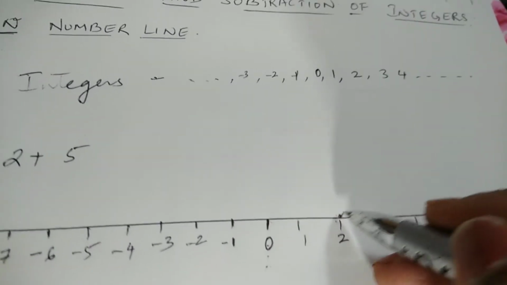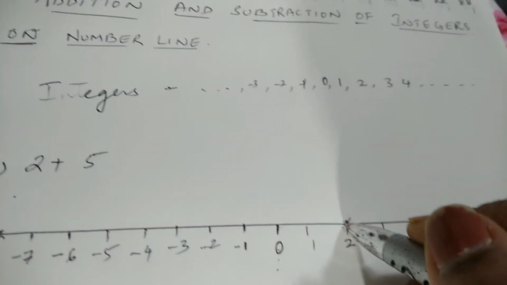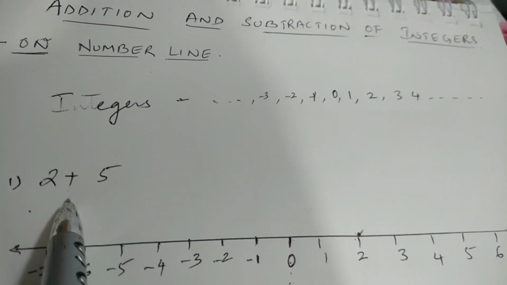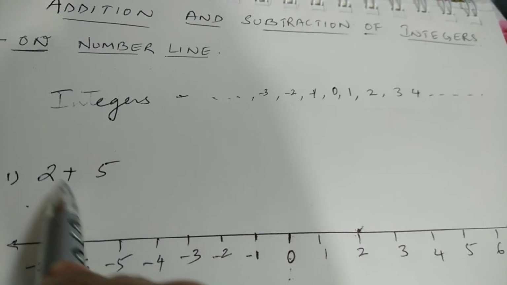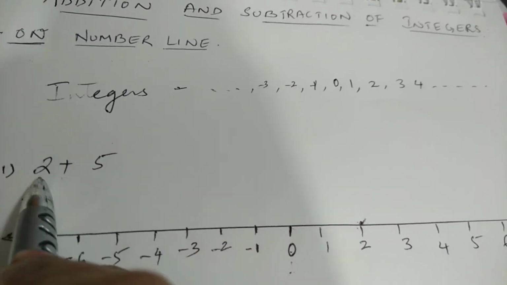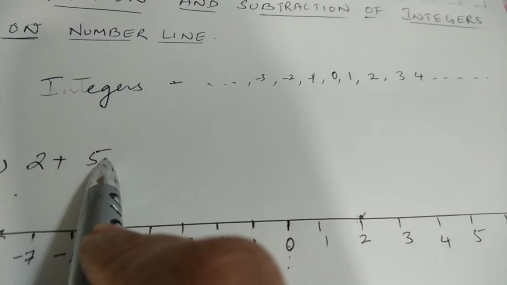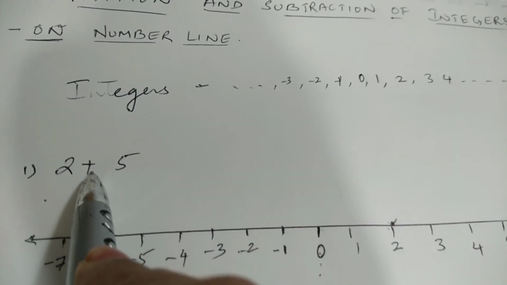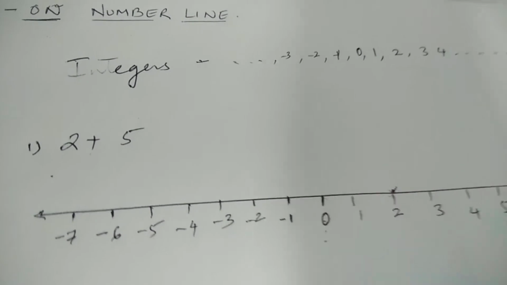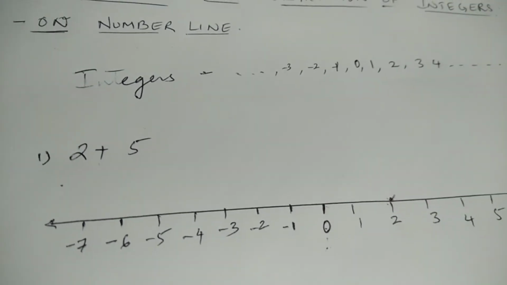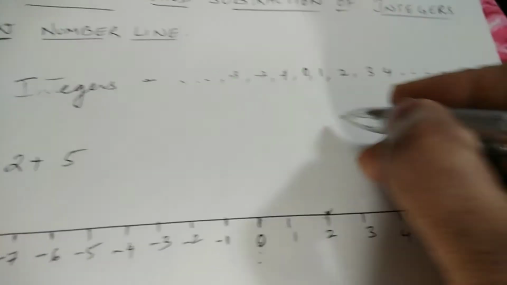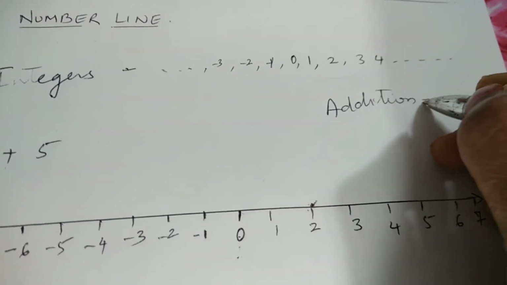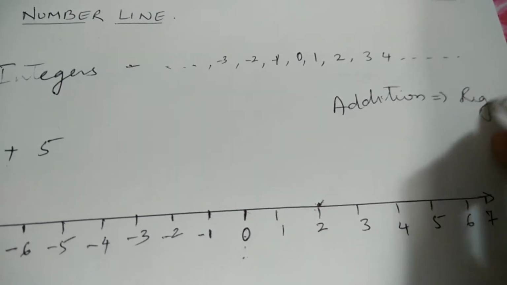The first thing to always remember: whenever there is a plus sign in between, whether we are adding a positive or a negative integer, the numbers will always move towards the right. So one thing to remember is, in addition we move towards the right.